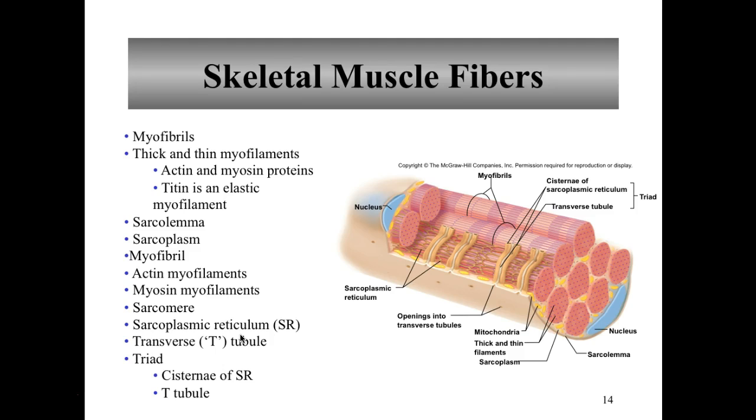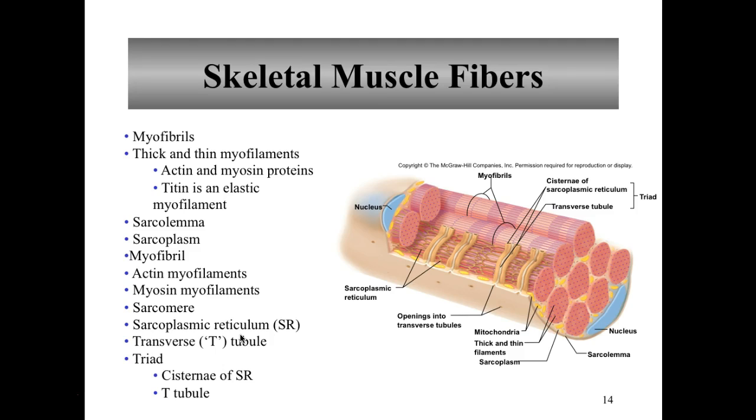The other thing that you have going on here is this thing called transverse tubules, abbreviated TT. The transverse tubules essentially are a set of membranous channels that extend into the sarcoplasm as invaginations. They're continuous with the muscle fiber membrane.